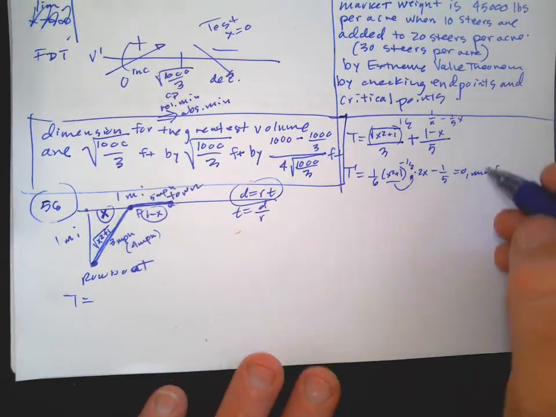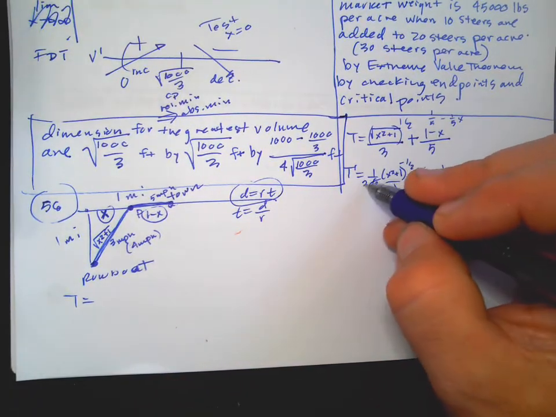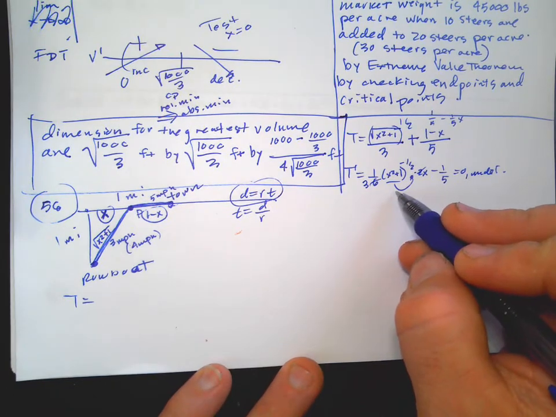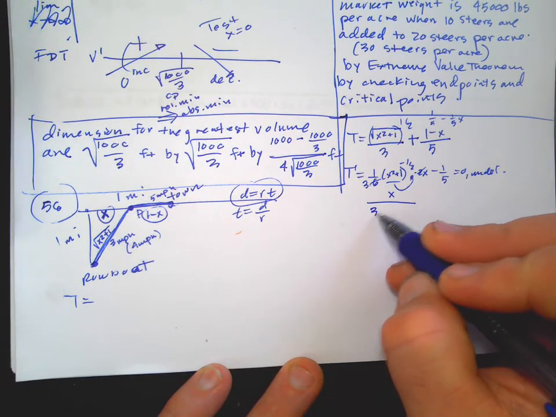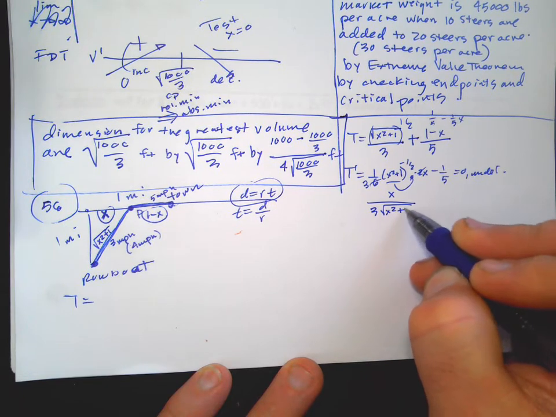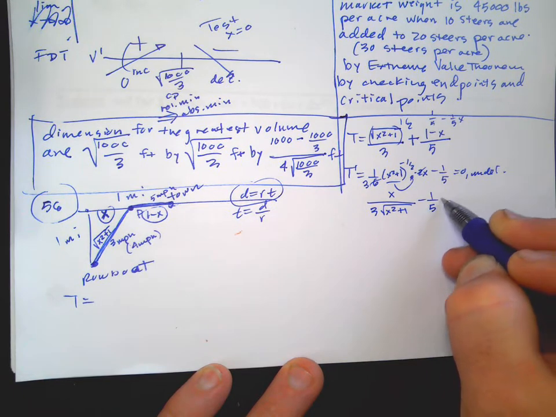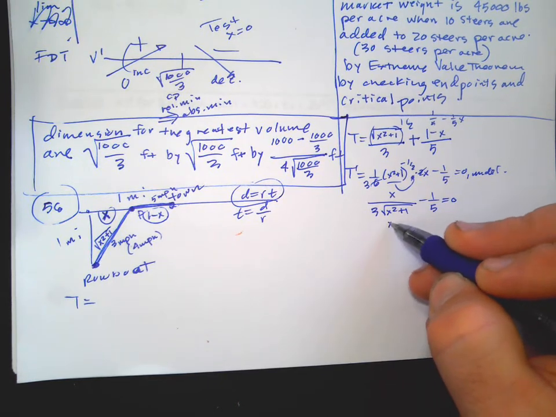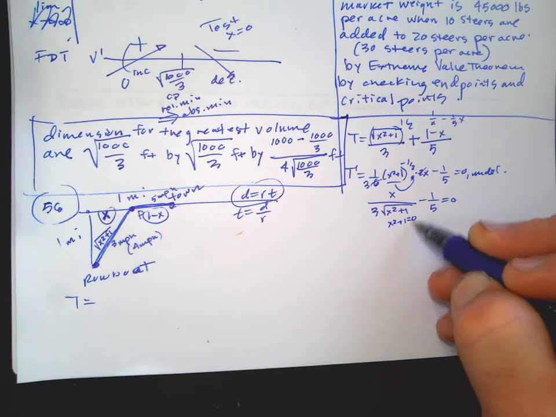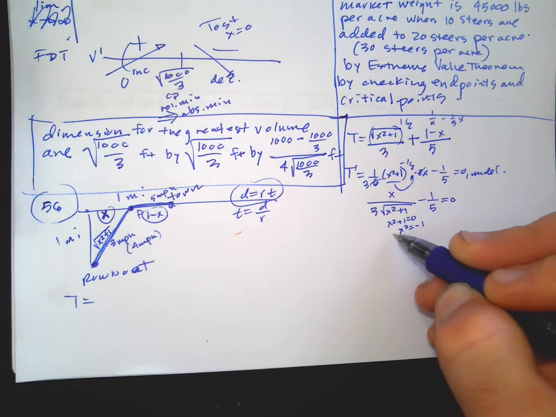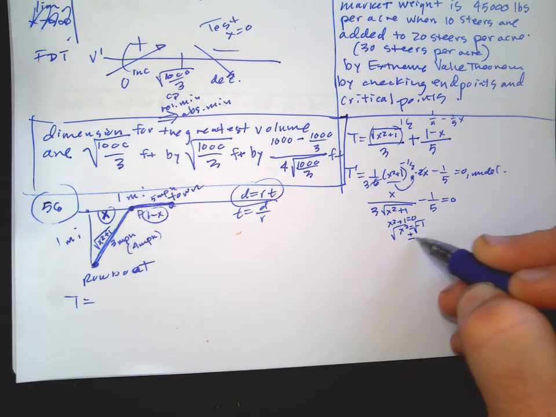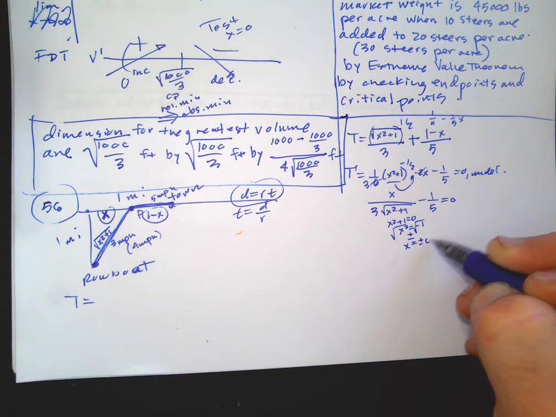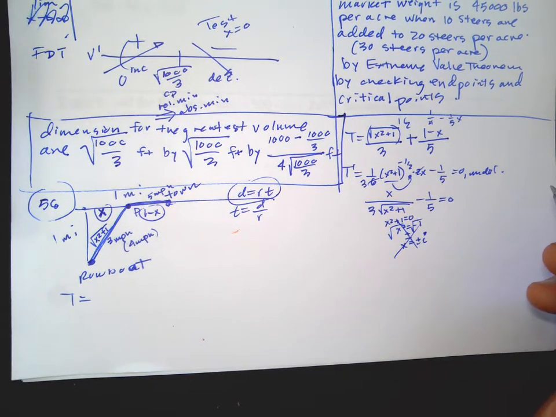So probably want to clean this up a little bit. This is x over 3 square root of x squared plus 1 minus 1/5 equals 0 or undefined. Now, undefined could happen here when x squared plus 1 equals 0, but when you solve for that you get imaginary, so we're not going to use those.